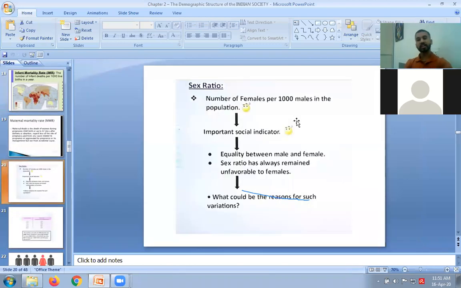Now we're going to understand the next concept of population, that is sex ratio. How are we going to calculate sex ratio? We're going to understand how many females there are in comparison to 1,000 males, right? So the number of females per 1,000 males in a population is what sex ratio is all about.